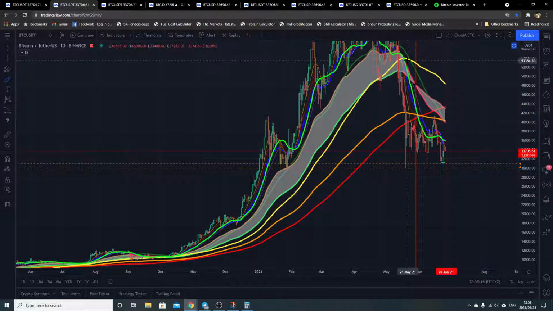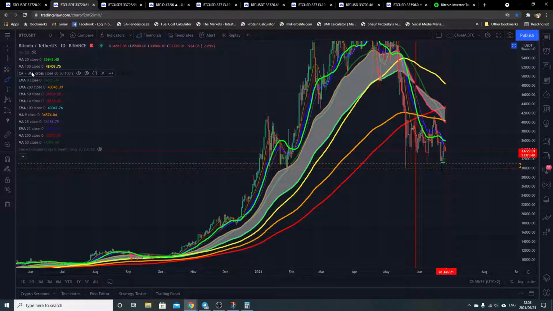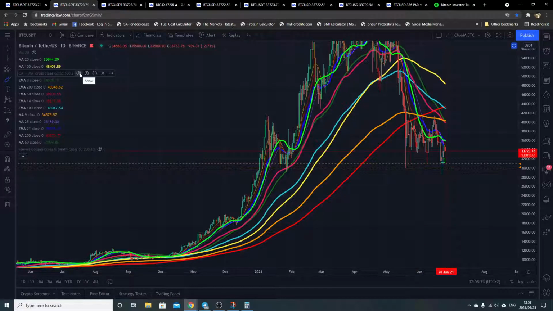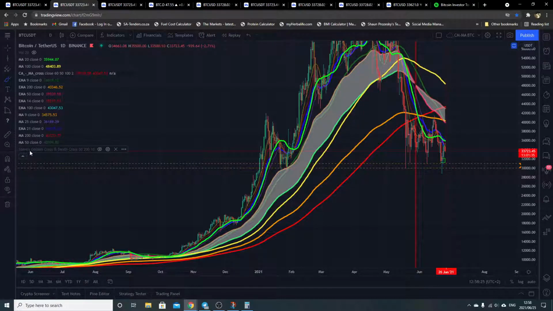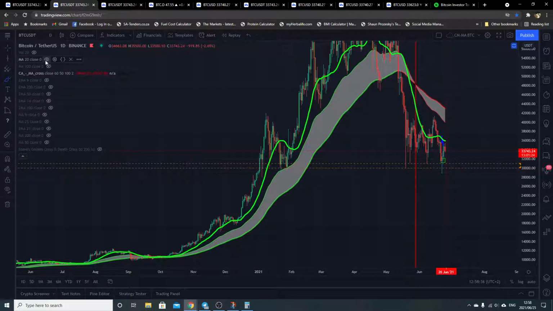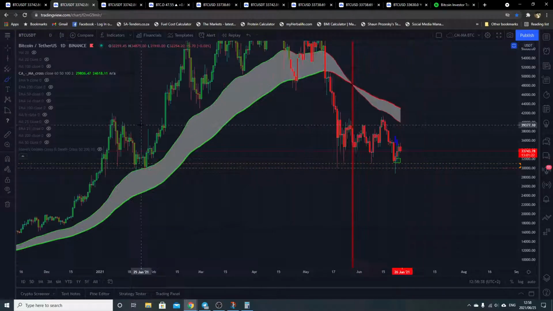Oops, I hate it when it does that. I'm going to put up the MA cross. Okay, which is there. And then I'm just going to close everything else here, so you guys can see exactly what I am going to show you, especially on the daily chart, guys.